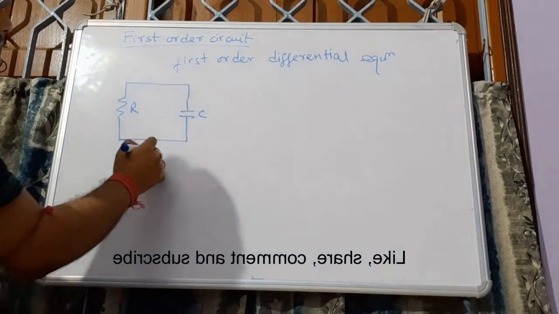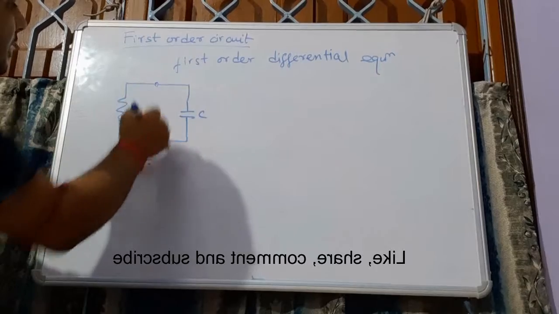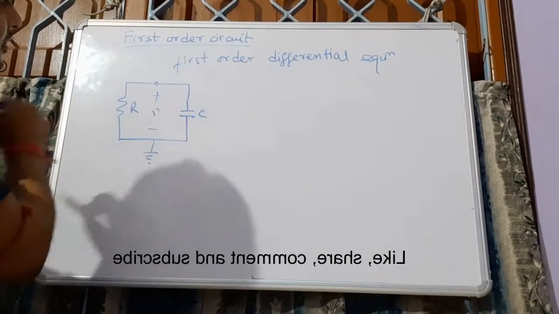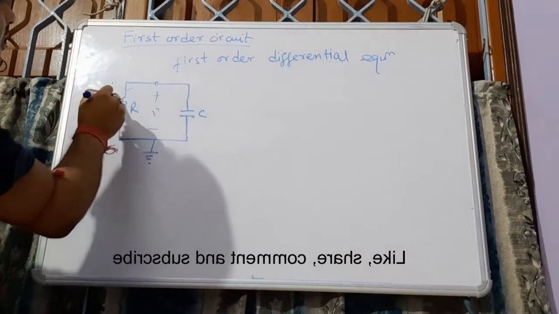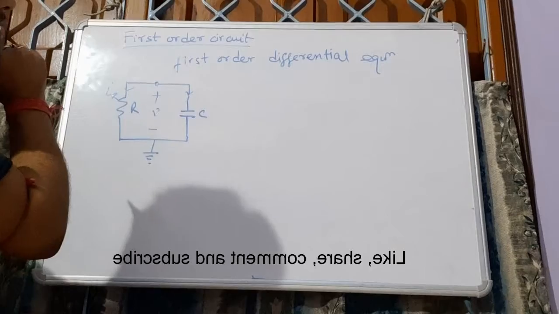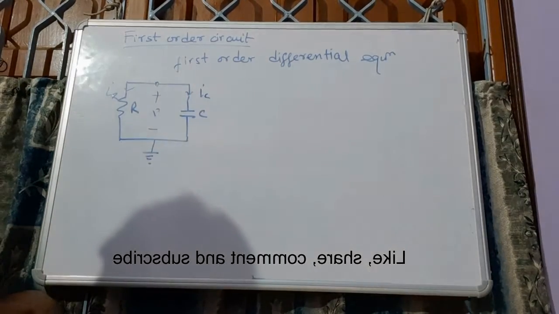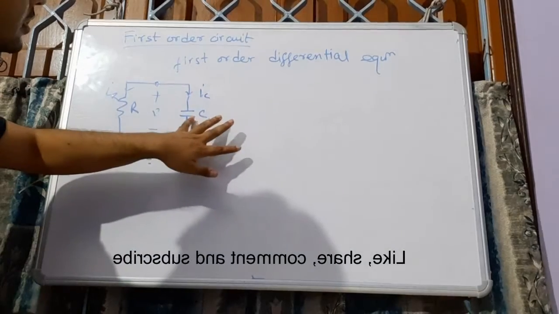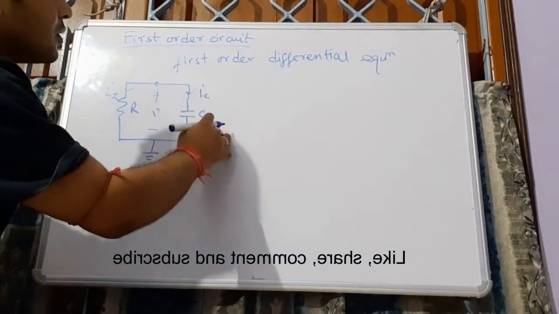And this is grounded. Suppose the voltage between this and this point is V and the current flowing through the resistor is IR and the current flowing through the capacitor is IC, right? Now first consider the capacitor is already charged.